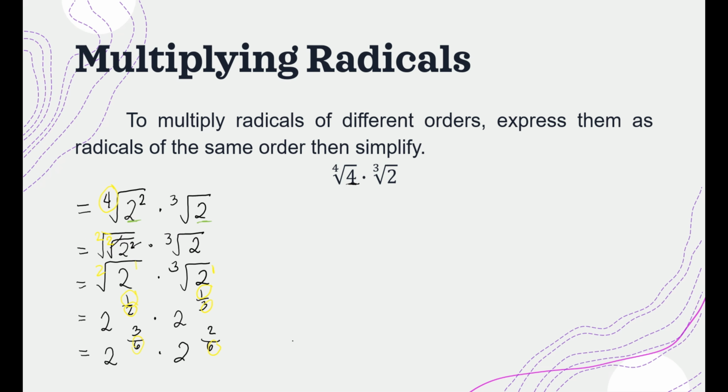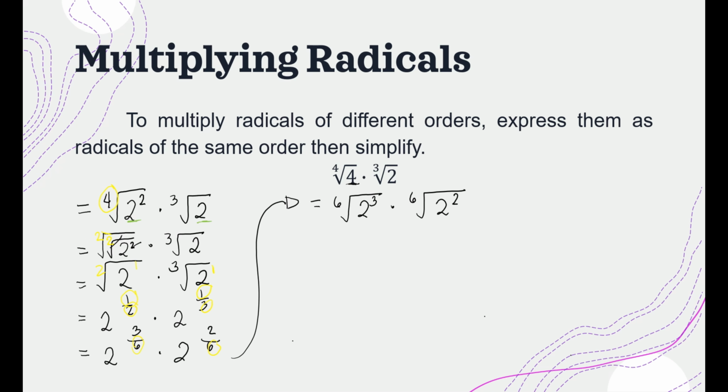And then now, we may change it back to a radical. So 2 raised to 3 over 6 would be equal to the 6th root of 2 raised to 3, and 2 raised to 2 over 6 would be equal to the 6th root of 2 squared.